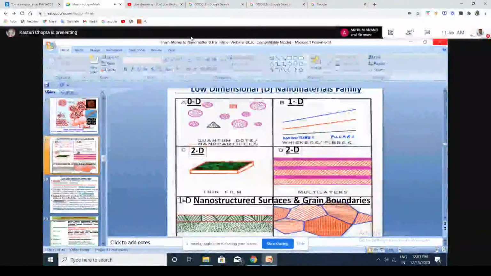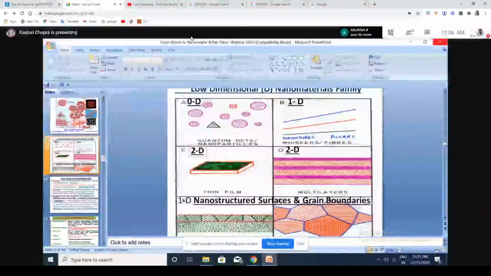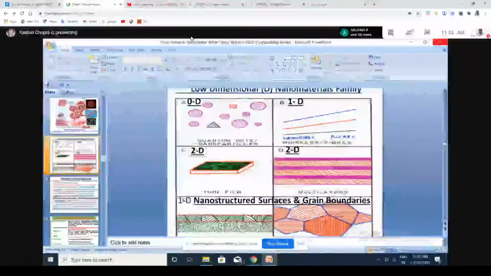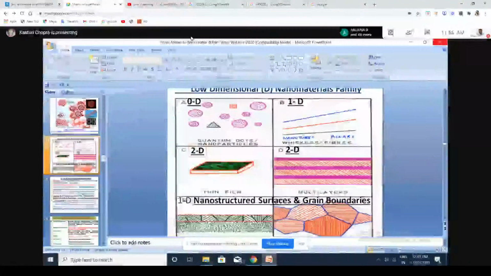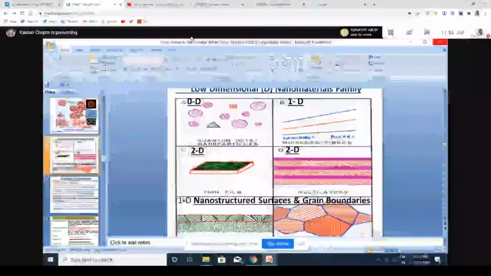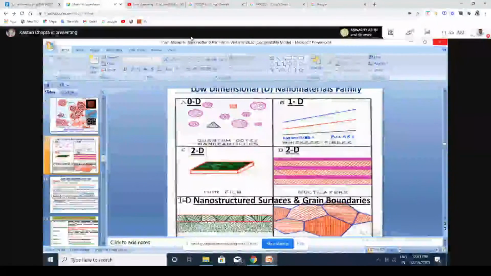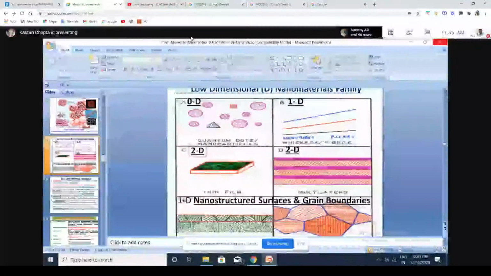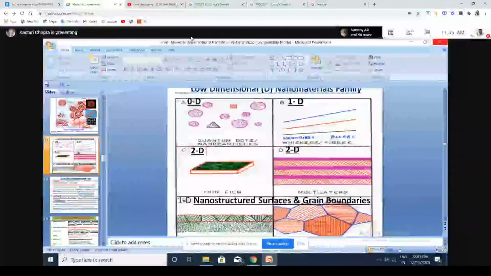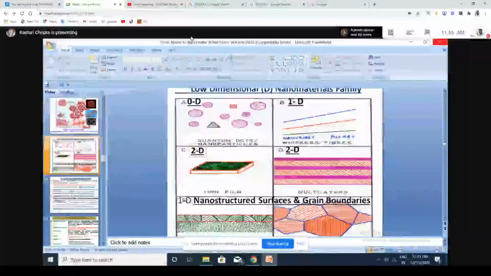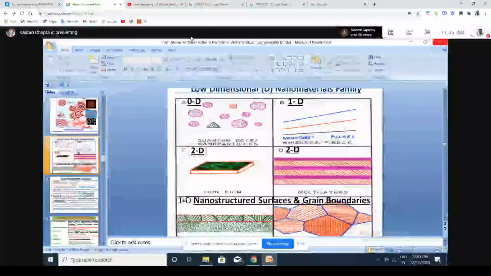What I want to show about nanostructure surfaces and grain boundaries is that the surface is different from the bulk because the atoms on the surface do not have their bonds satisfied. Their bonds are dangling because they're left in vacuum or air. There is no atom beyond that which will couple with them.